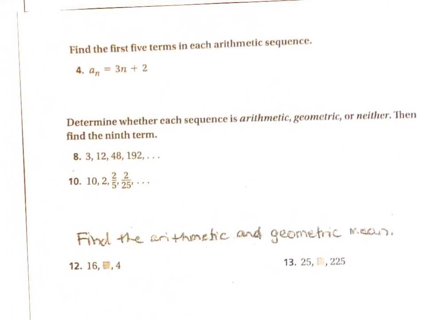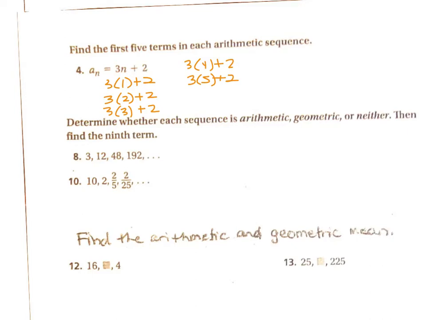All right, page 7 is where we're going next here. This says find the first 5 terms in each arithmetic sequence. I think this one is just quick to plug them in. So 3 times 1 plus 2 would be the first term, 3 times 2 plus 2, 3 times 3 plus 2, 3 times 4 plus 2, and 3 times 5 plus 2.